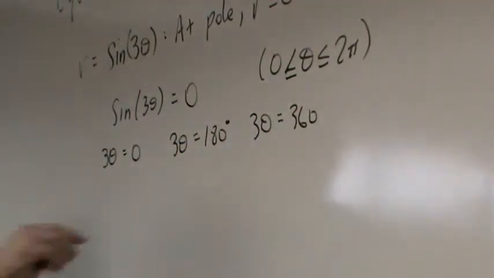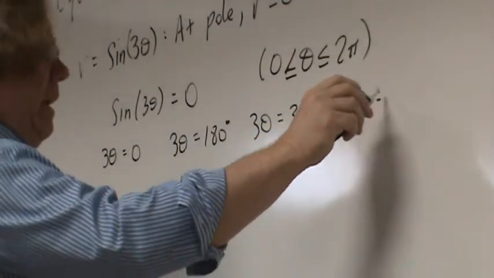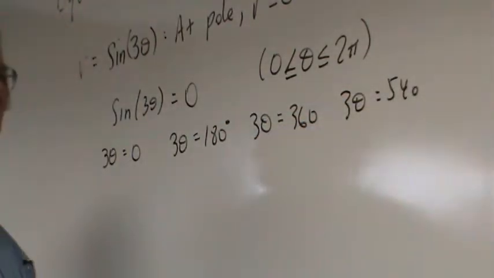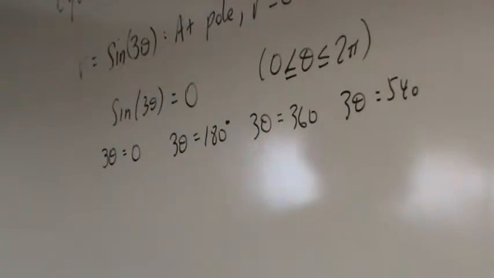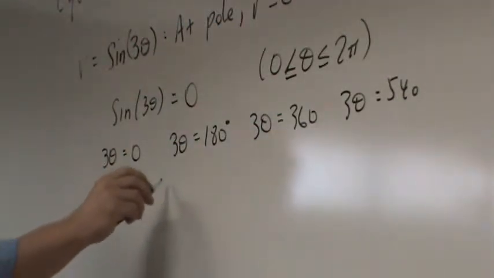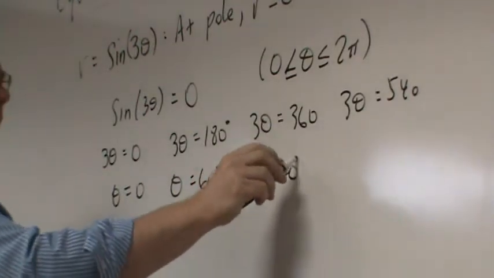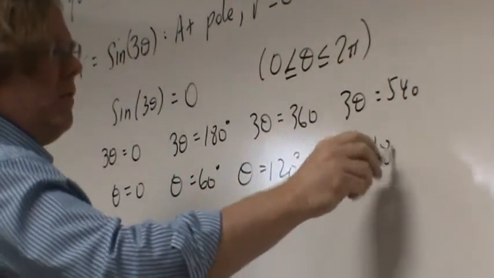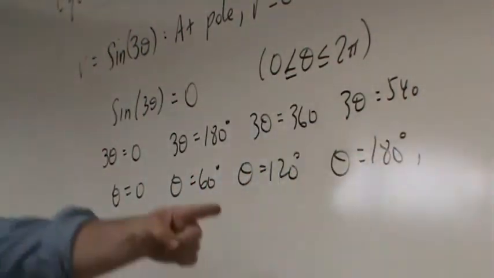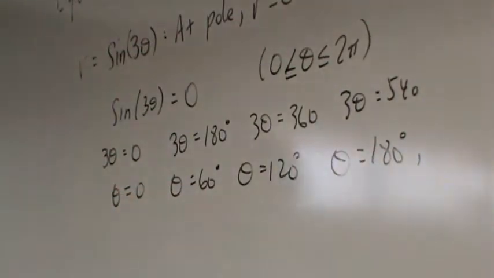So I get 3 theta equals 540, and so on. So I end up with theta equals 0, 60 degrees, 120 degrees, 180 degrees. And at this point you can see they're going in increments of 60 degrees.